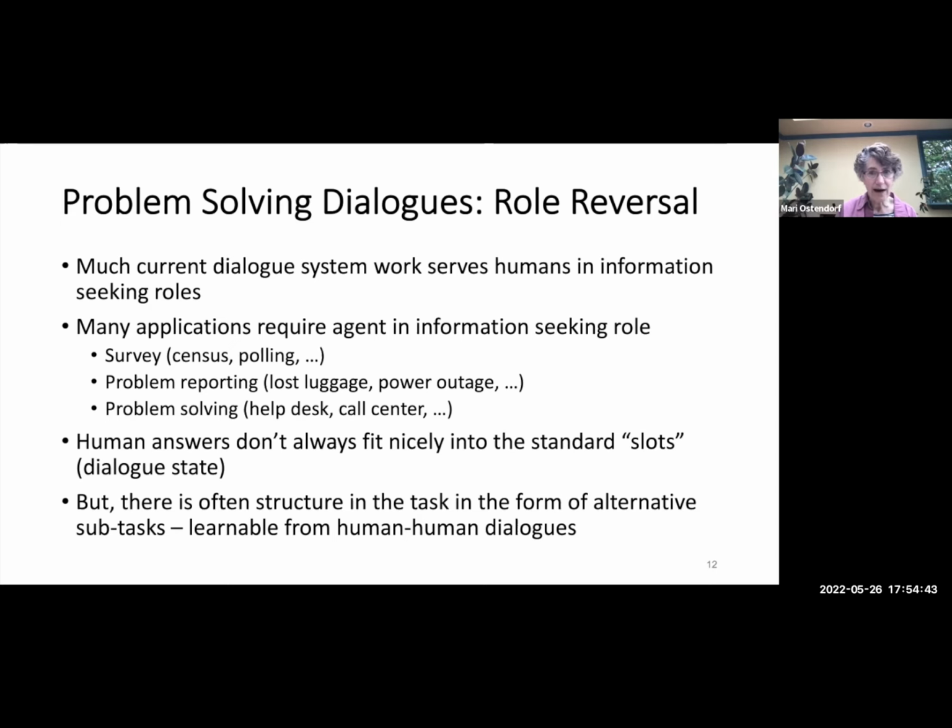You report power outages, my internet's down, but also there's problem solving, help desk, call centers. So there are a lot of these examples where to solve the problem, the agent needs to find out information from the user. What's wrong? Is it doing this? Okay, now is it doing that?